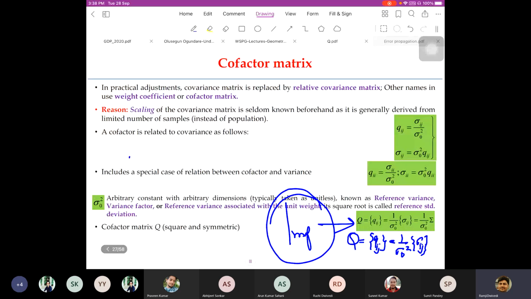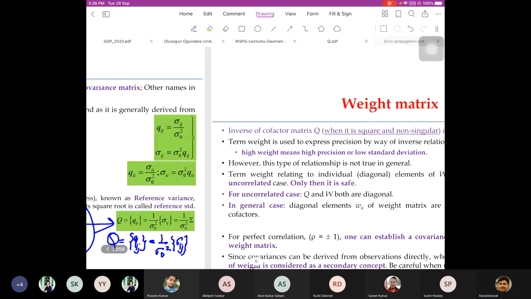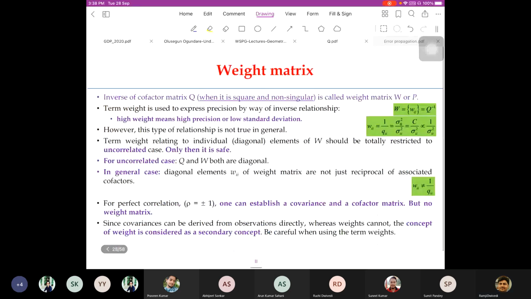Now I'm moving ahead if you do not have any question. The next point is the weight matrix. As I've told you, what is the weight matrix? It is very important because from day one you were working with the weighted mean, or you have chosen weighted least squares as an example for understanding.